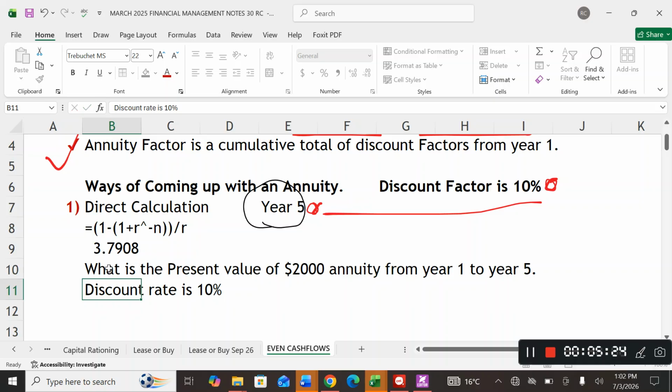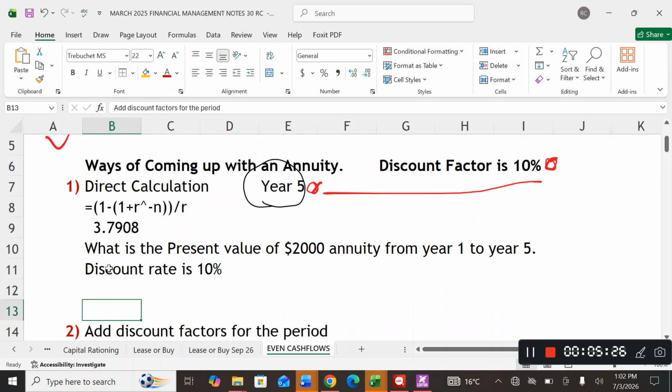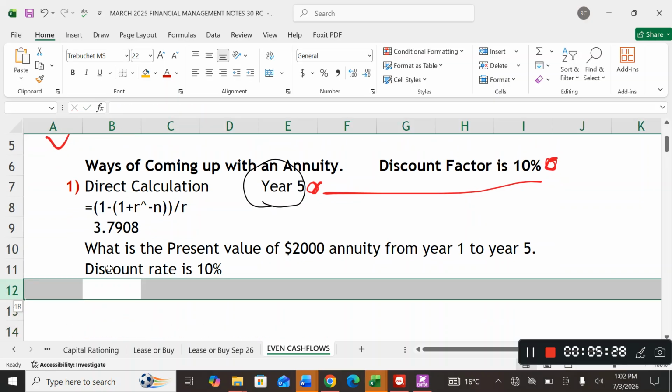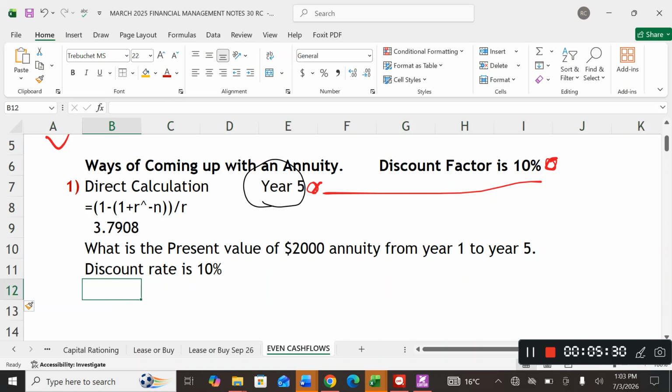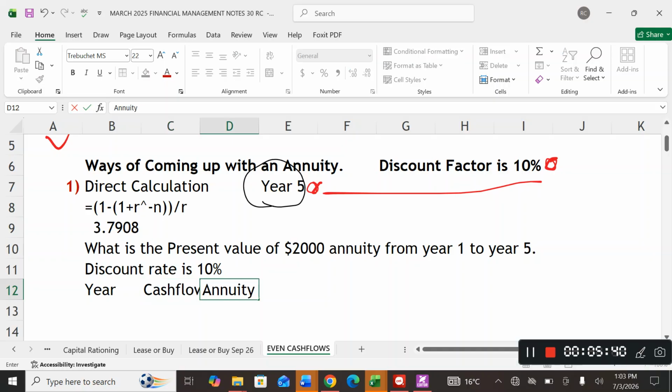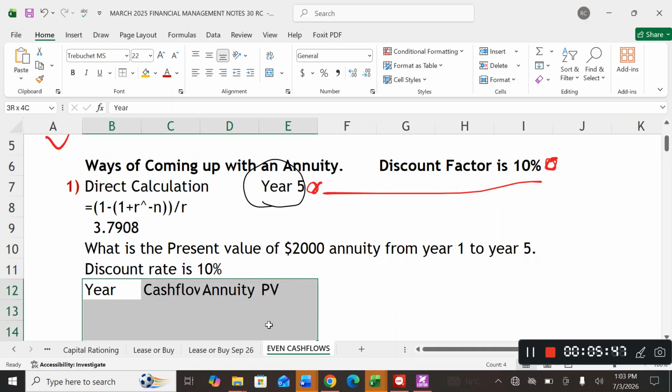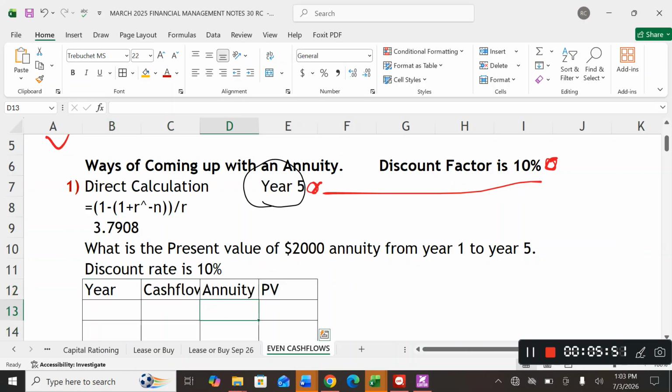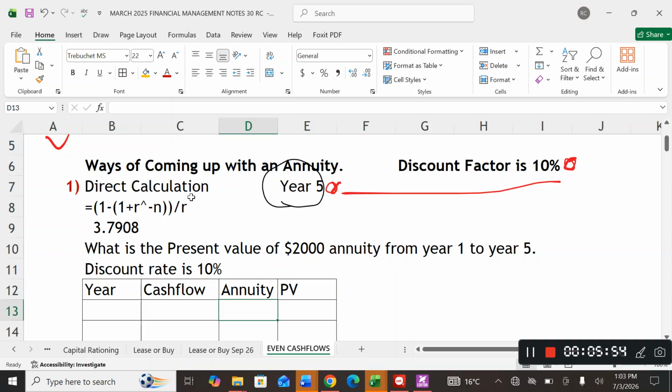So for PV, I'm going to have this format where I have my year, cash flow, and annuity, and then my present value, which is PV here. I'm going to have a box here. My cash flow is 2000.